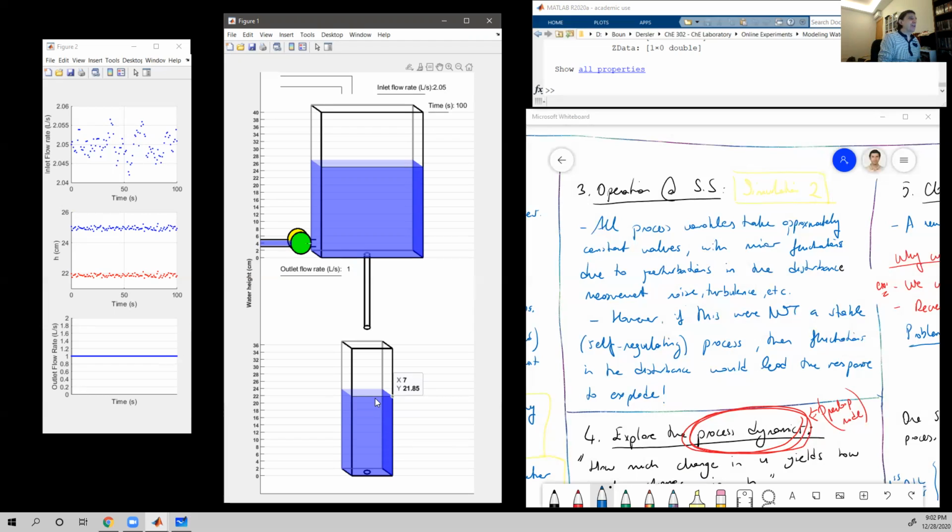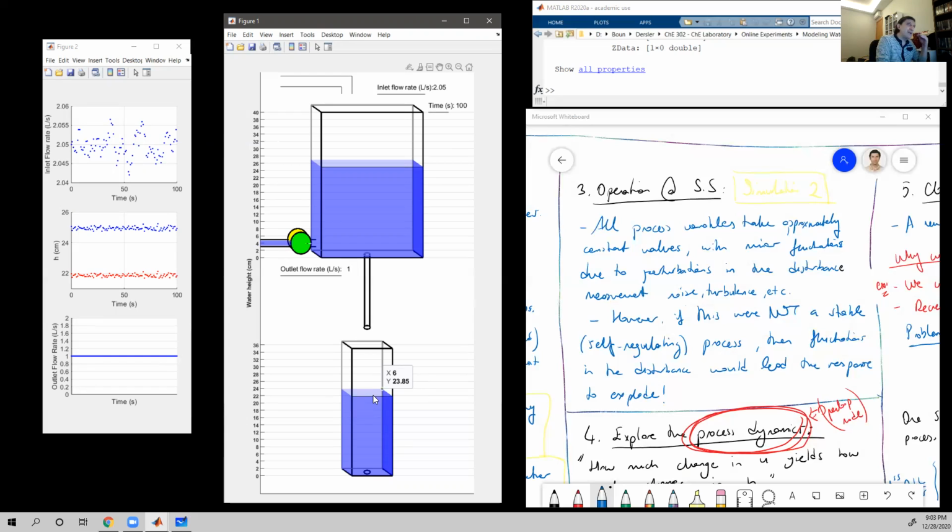Okay, but usually in processes, we would like to make changes. And the changes, for some reason, for instance industrial practice or some economical reasons, we would like to change the water level in the second tank. We don't like this 21.7 value, or 21.85 now here.